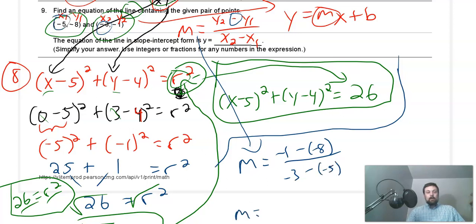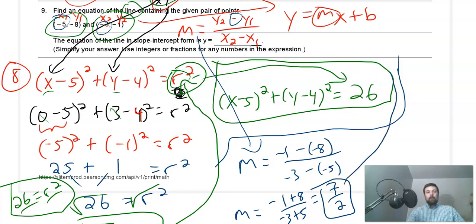And so that's going to be -1 plus 8 over -3 plus 5, which is going to be 7 over 2. So there's our slope. We will plug that in for m into this formula here. So we're going to get y equals 7/2 x plus b.